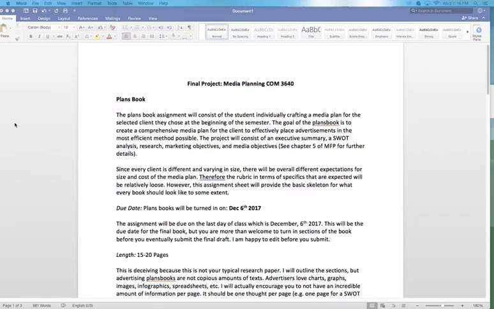So you'll notice that it will consist of an executive summary, SWOT analysis, research, marketing objectives, and media objectives. I will mention that the rubric of this is extremely loose, and that is intentional. The reason that it is loose is because every single one of you is doing a different method of your particular clients.